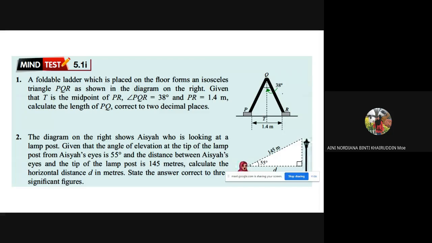So since this is a trigonometric ratio, you need to find the right angle triangle. So here is the right angle triangle. P, Q, okay, I'll write here.